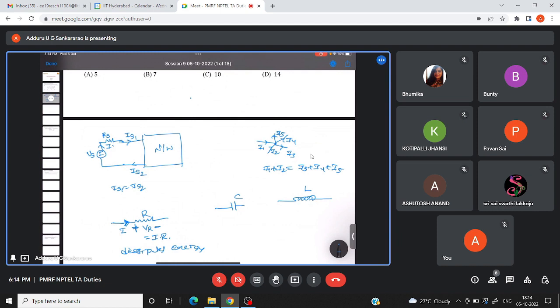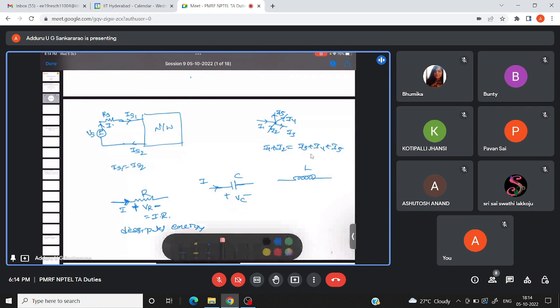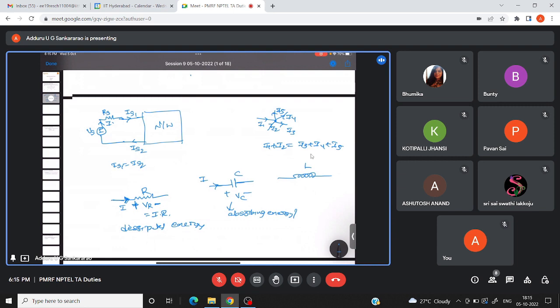So let us say you take a capacitor, with voltage VC across it. If current is entering at the plus terminal, the capacitor is absorbing energy or power.